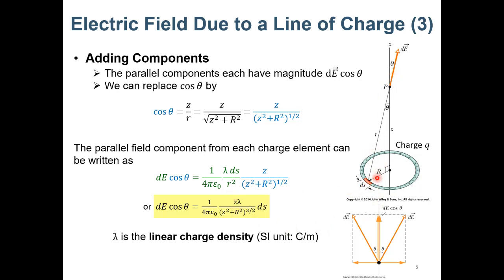And the distance between this point and this point is r, so r squared. So this is the first part. Cosine theta is this part. So the vertical part of dE is something like this, or actually you just rewrite this term to here, lambda z here, and r is actually the square root of this term, so its square is z squared plus r squared.